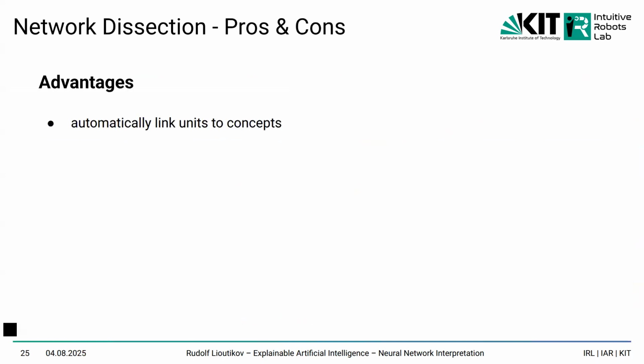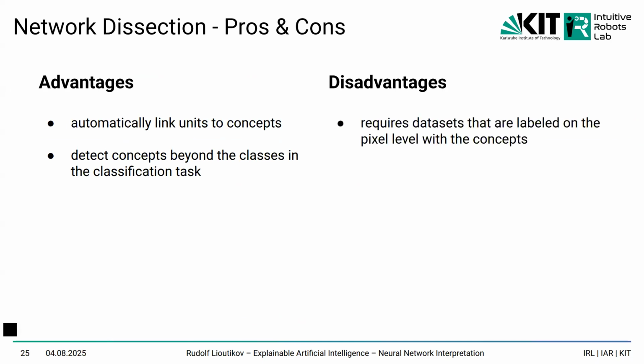So the advantage is that it automatically links the activations to understandable human concepts. It usually goes beyond what the classification task in itself does, because those concepts are now provided by humans, and it still allows this. But the disadvantages are that you require these giant datasets and this manual labeling, which is very painful to do.